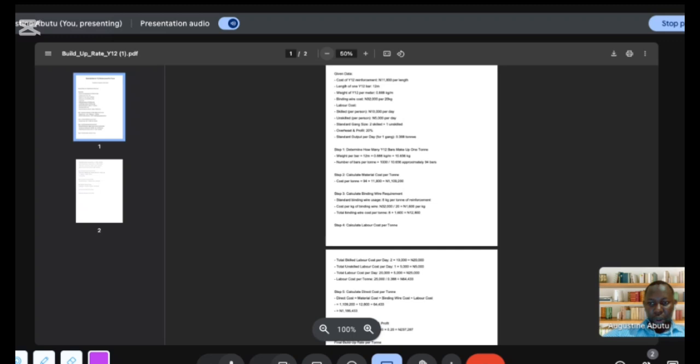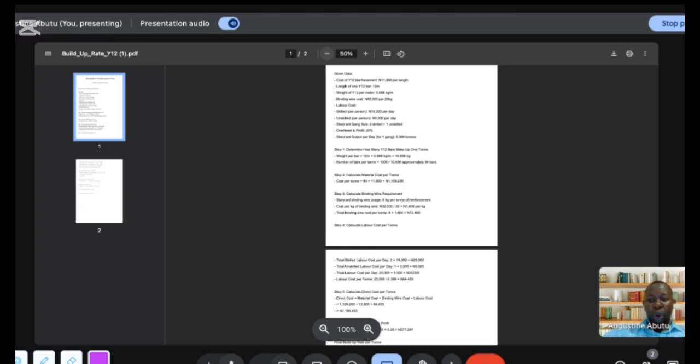So a gang means a team that is required for reinforcement for 1 ton. It means that two skilled labor and one unskilled labor. I said earlier that the cost of a skilled labor is 10,000.